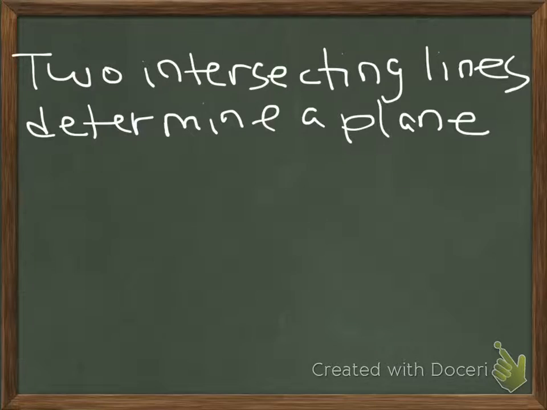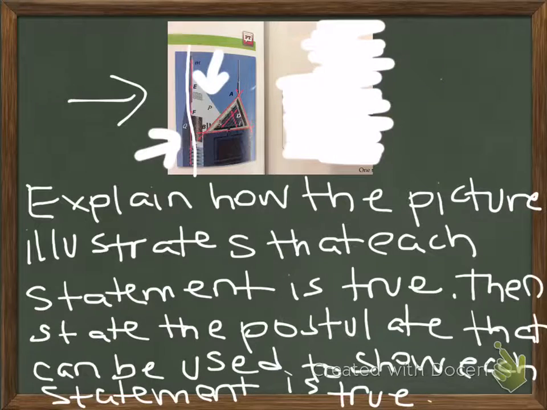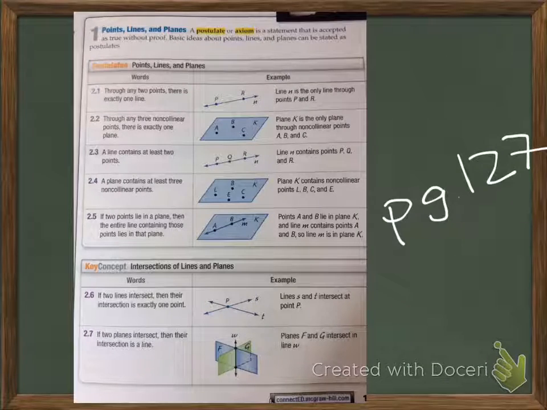I would look at the list. And if we look at lines intersecting, it says if two lines intersect, then their intersection is exactly 1 point. If two planes intersect, then their intersection is a line.